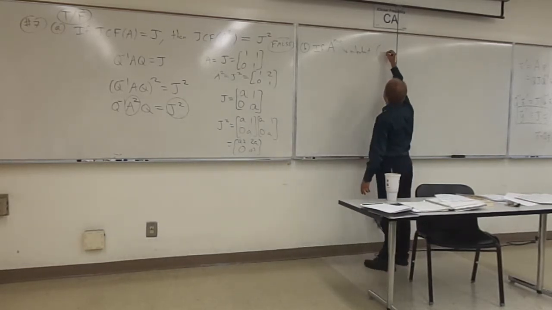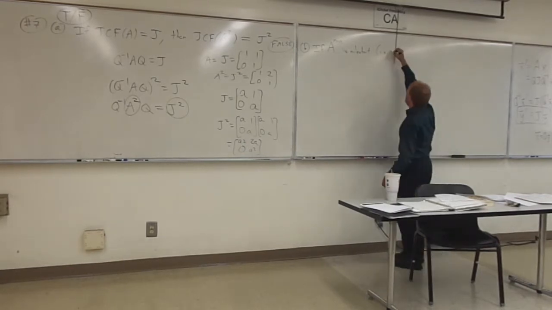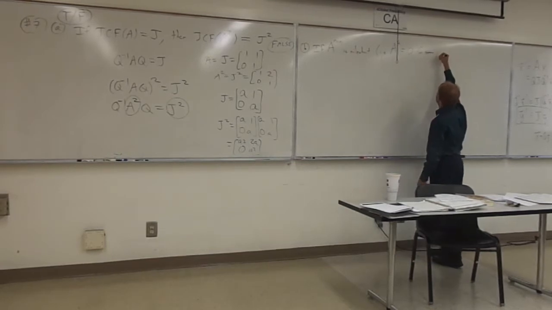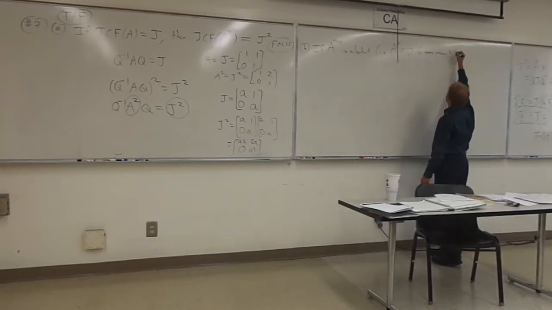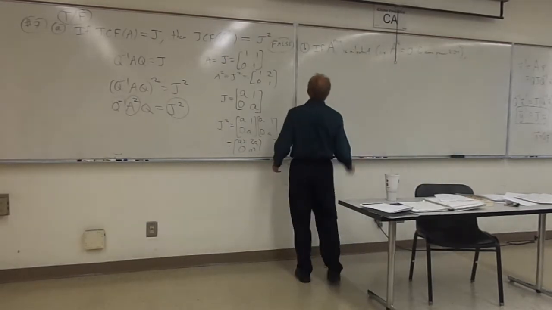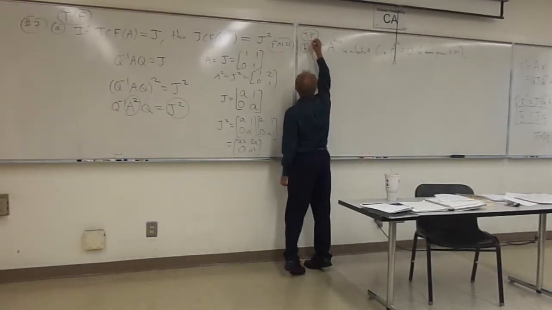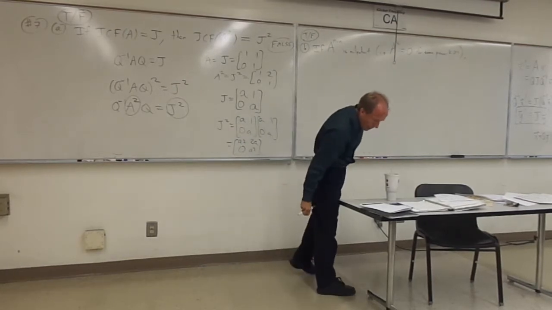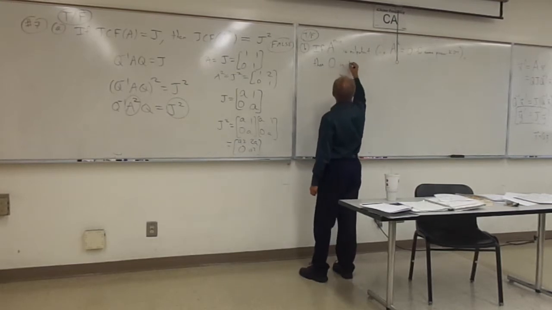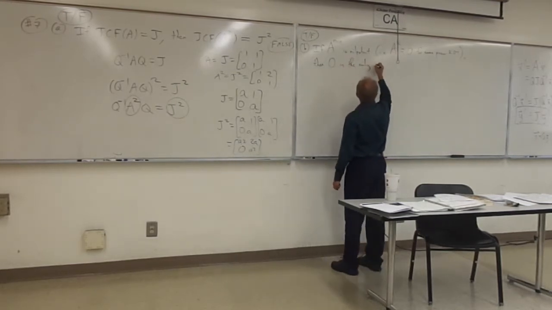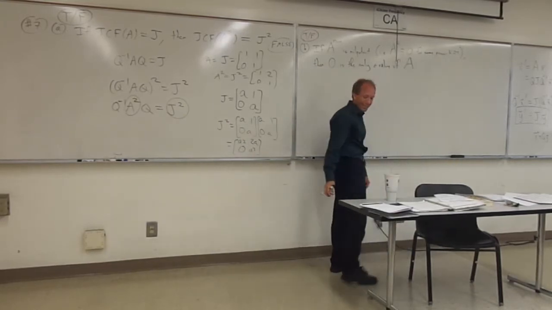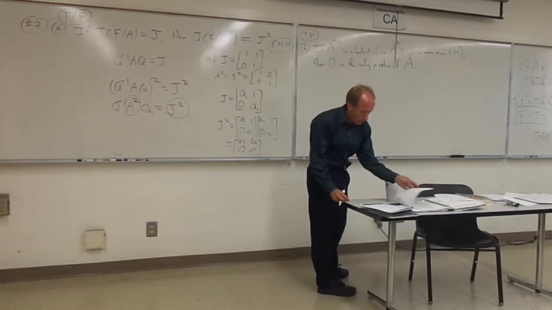So I'm going to tell you what it means: A to the k is equal to 0 for some power k greater than or equal to 1. And again, this is still true or false: that then 0 is the only eigenvalue of the matrix capital A. Is 0 the only eigenvalue?